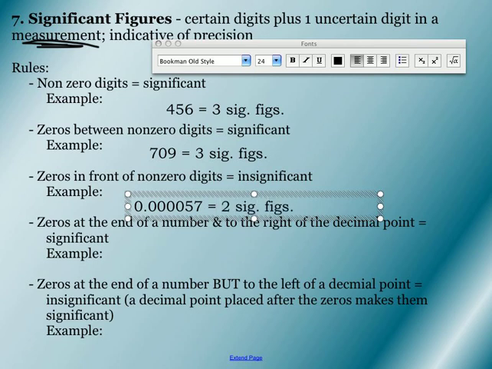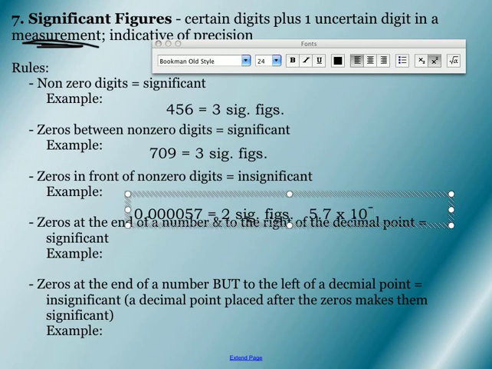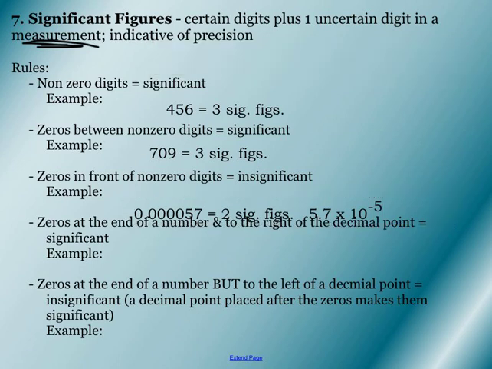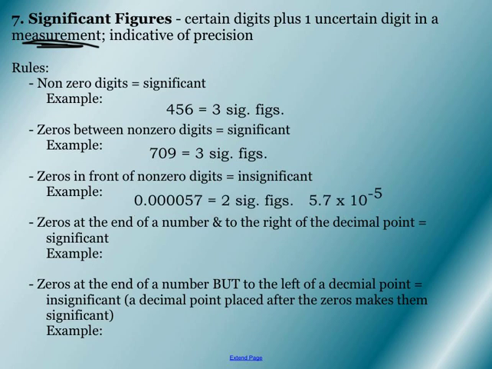The best way I can explain it is if we wrote this number in scientific notation. We would write 5.7 times 10 to the negative 5. If we do it like that, you'll notice that none of those zeros are there. So it's not part of the actual measurement, so it's not actually a significant number.